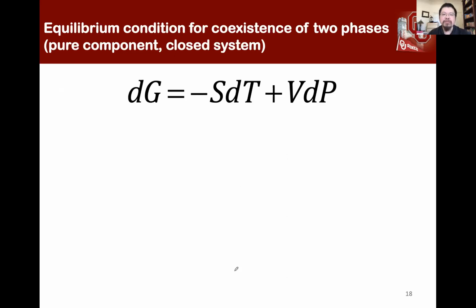That can be easily explained by this equation. So this equation is coming from where? Coming from chapter 6, where we were talking about the energy equations, the four energy equations. From the definition, which is G is H minus Ts.